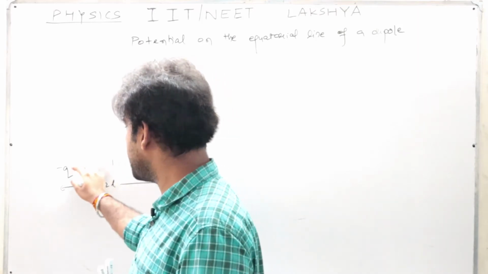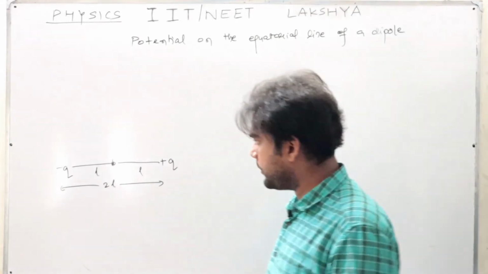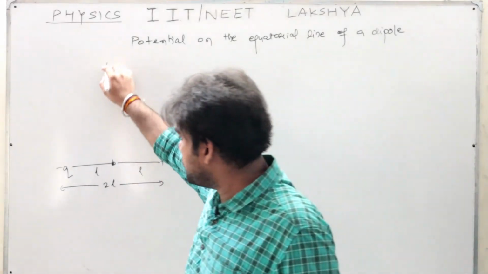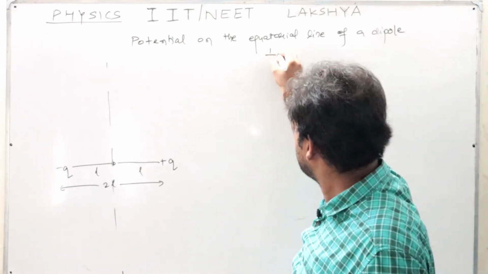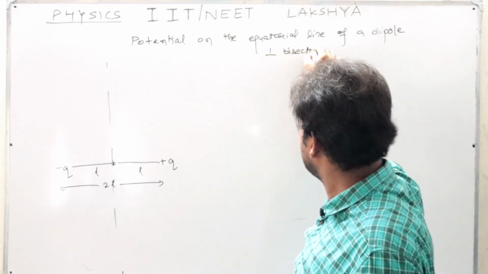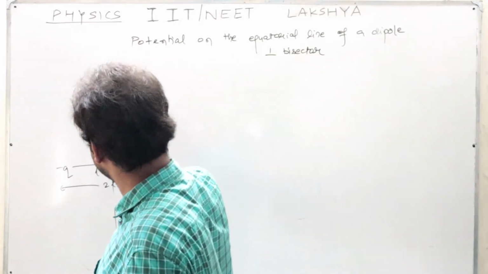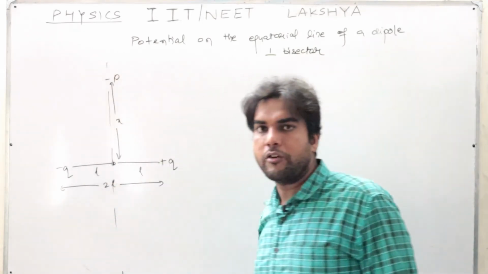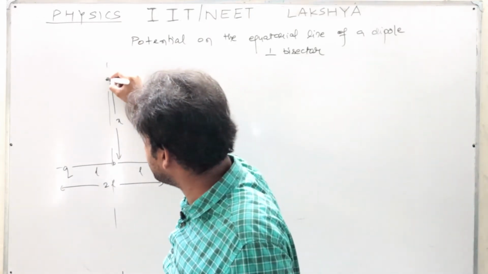Obviously from the center this distance becomes L and this distance also becomes L. This is the center of the dipole. Equatorial position means this position, the perpendicular bisector. Here at this point P, let us say the distance is x. At this point P we have to find the electric potential.